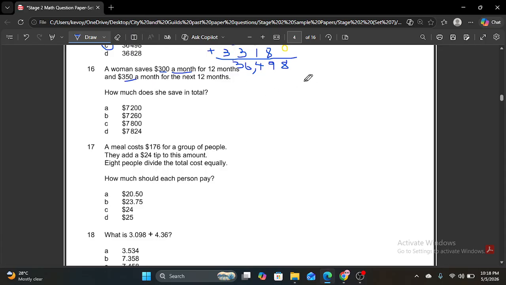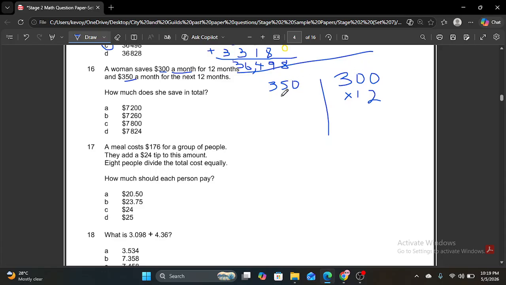So now we're just going to do two calculations first. So 300 times 12, and we're also going to find what is 350 times 12. So if a person's wondering what happened, this is year 1, this is year 2.